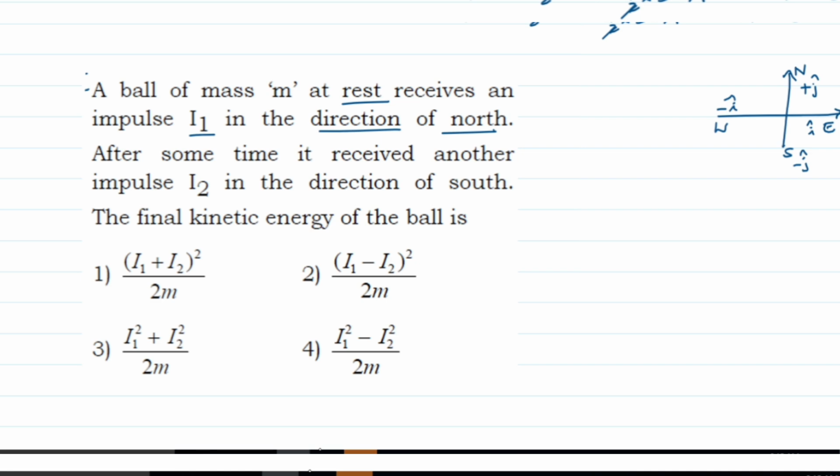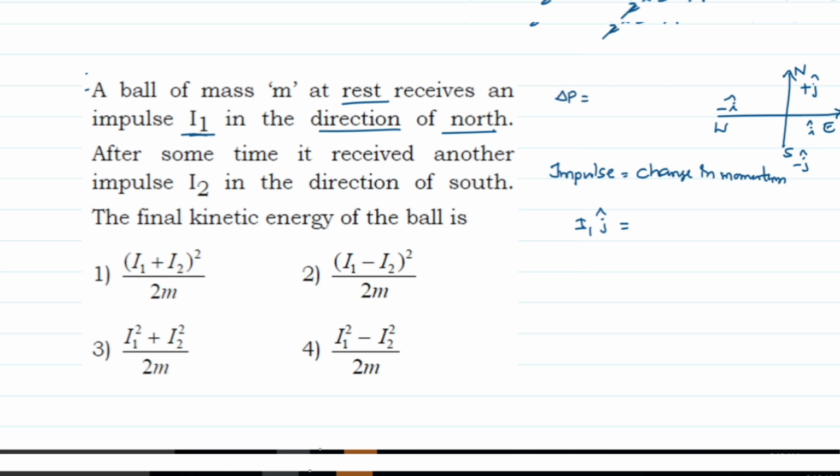So here you know the relation between impulse and momentum. Impulse is nothing but the change in momentum. Initially it was at rest, but it receives an impulse I1 towards north, so I represent it as I1 j cap, which will be equal to the change in momentum, that is final momentum minus initial momentum.